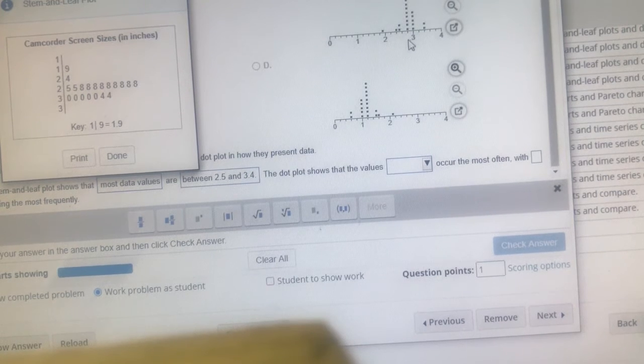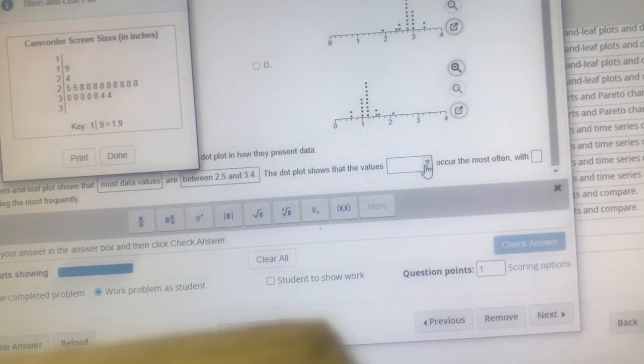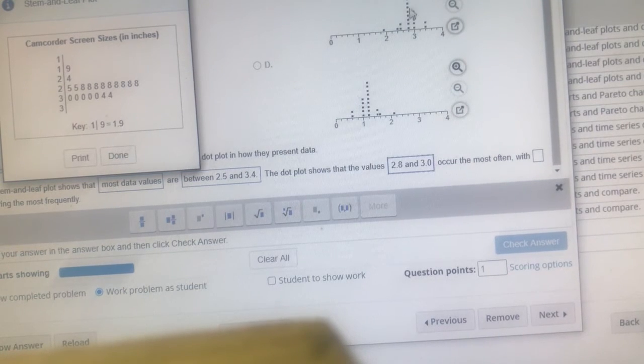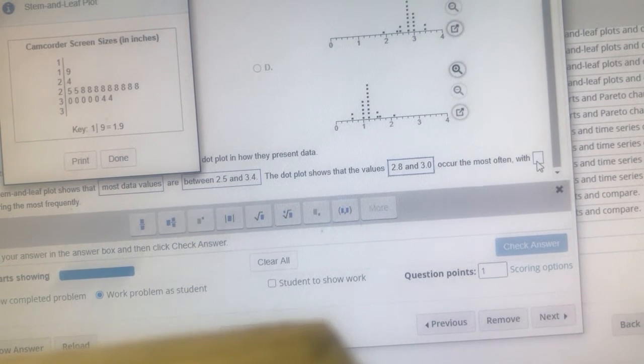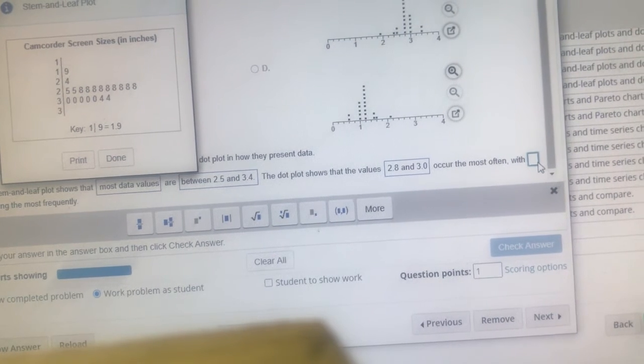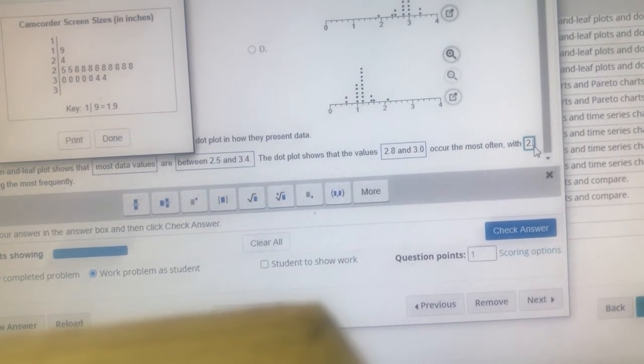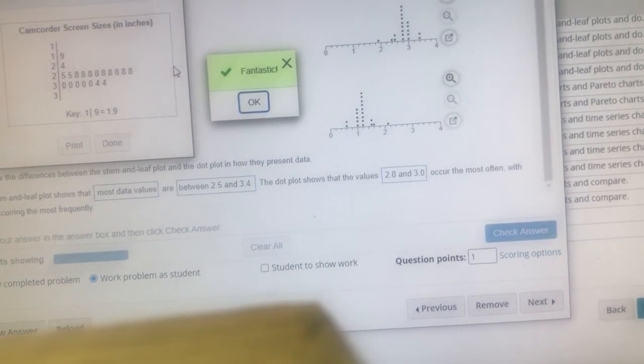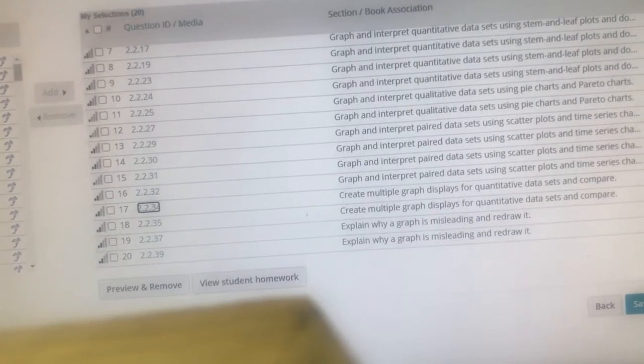Looks like 2.8 and 3.0 occur the most, so it's got to be this one, with 2.8 occurring the most. So let's put 2.8 in here. Okay, let's check our answer there. Looking good.